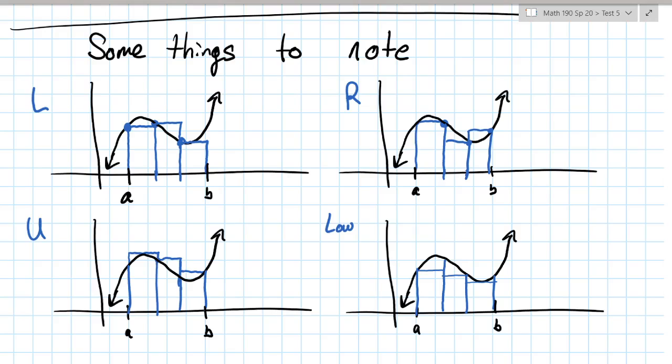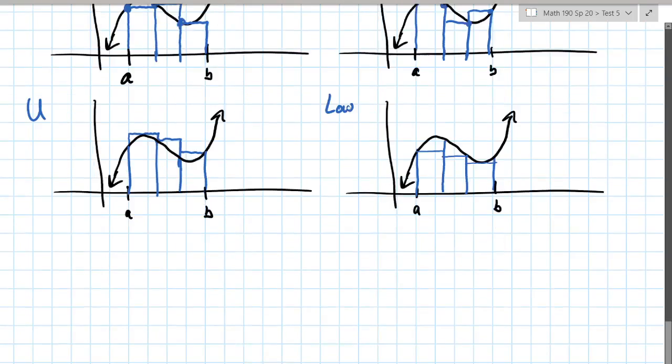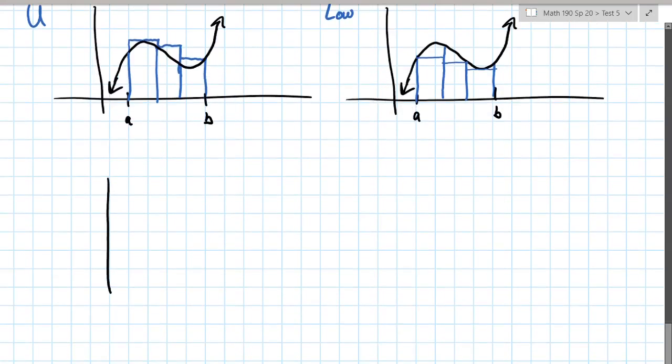If your curve is always increasing, like our very first example of x squared, then a left-hand sum would also be a lower sum, and a right-hand sum would also be an upper sum.